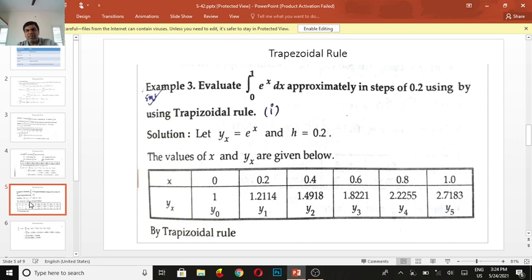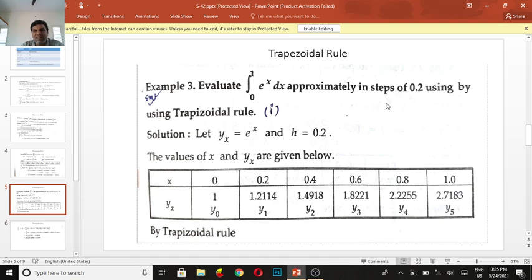Similarly, take another problem: evaluate the integral from 0 to 1 of e power x dx approximately in steps of 0.2 using the trapezoidal rule. The function is given: y equal to f of x equal to e power x.